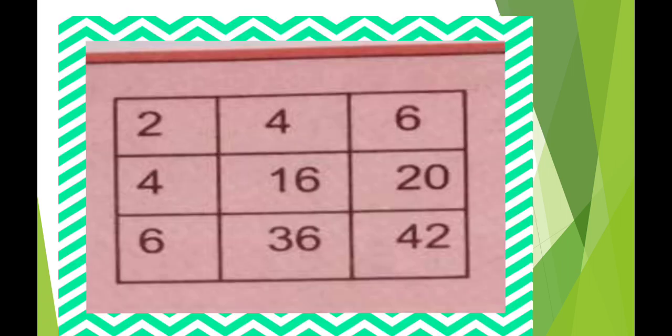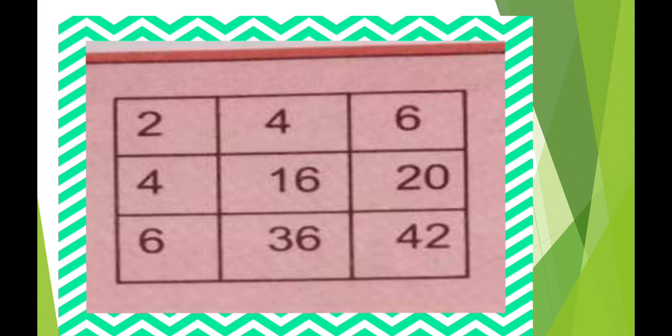Now, in example 2 here, we have a rectangular box which is divided into 9, and the numbers on it are 2, 4, 6, 4, 16, 20, and 6, 36, 42.